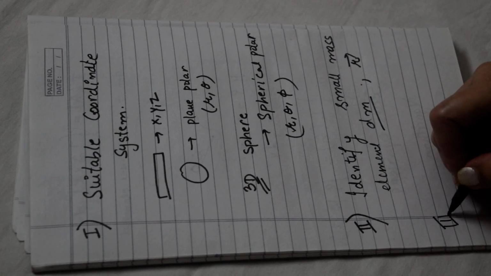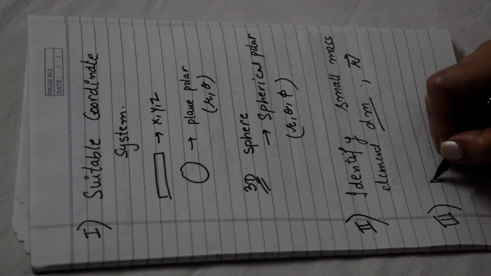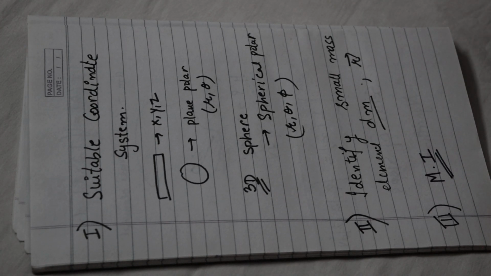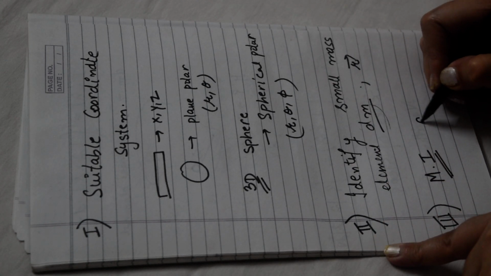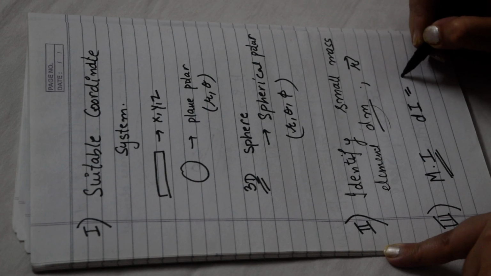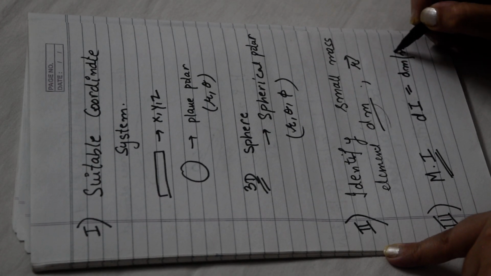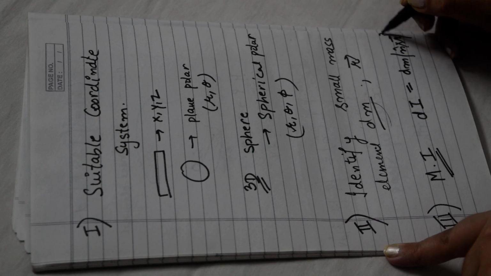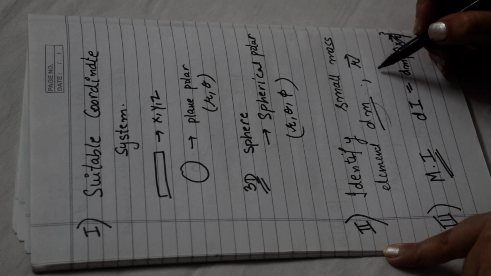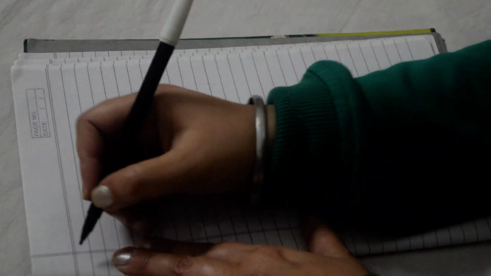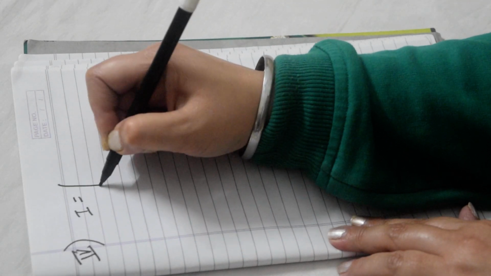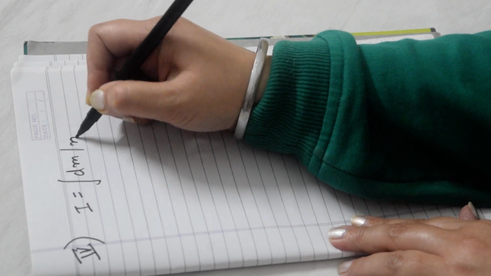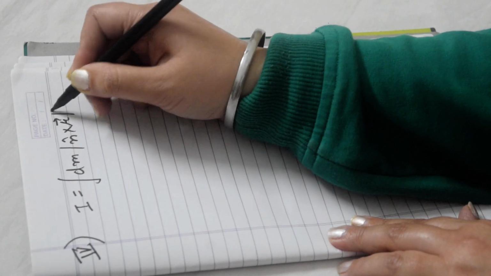Number three, I have to calculate the moment of inertia dI of the small element dm using the formula dI is equal to dm (n cap cross r) square. r is a vector here, n cap is also a vector. And then the final and last step is that we have to integrate the value to find the moment of inertia over the whole body. So see, it's very simple.